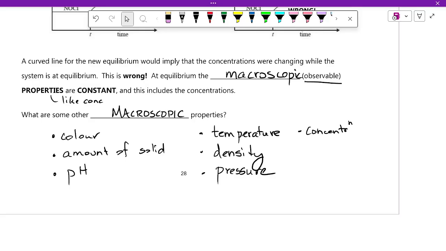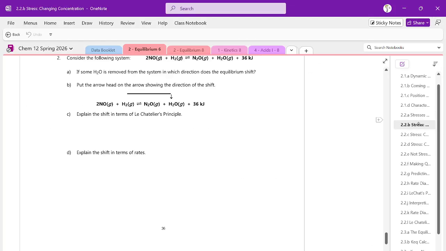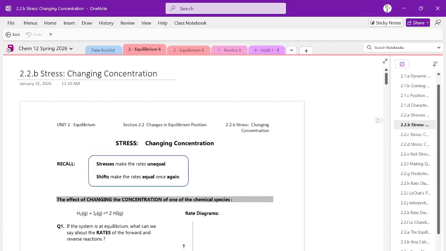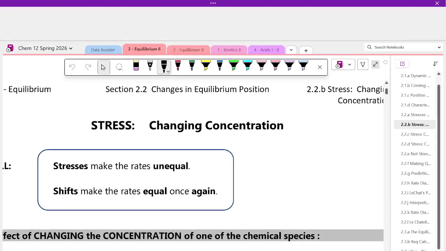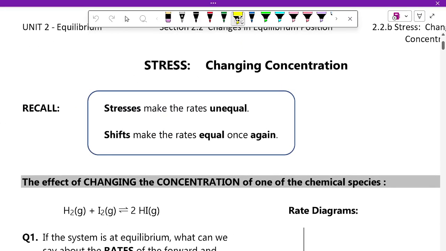And now we're going to focus in on each of the individual stressors. So we're going to look at our first stress, which is concentration. Remind yourself, stresses make the rates unequal.